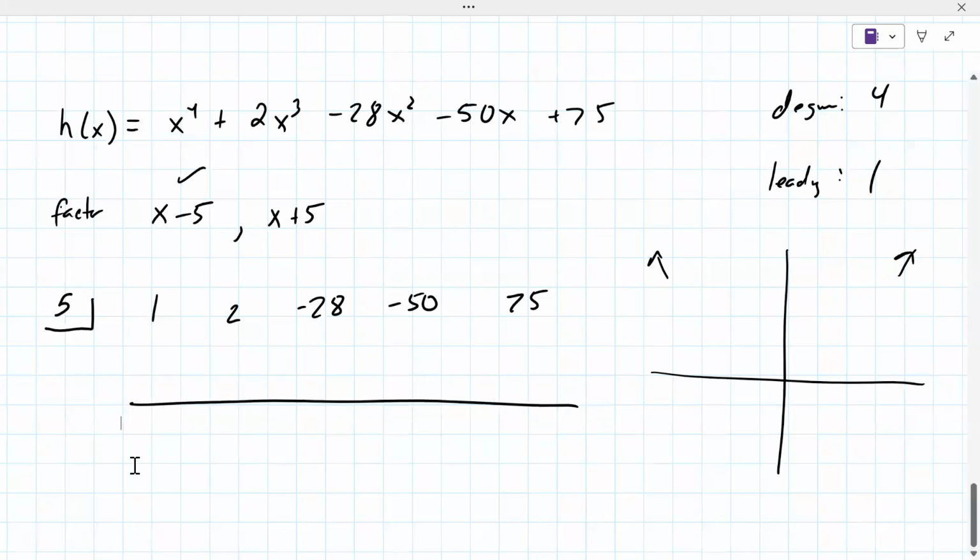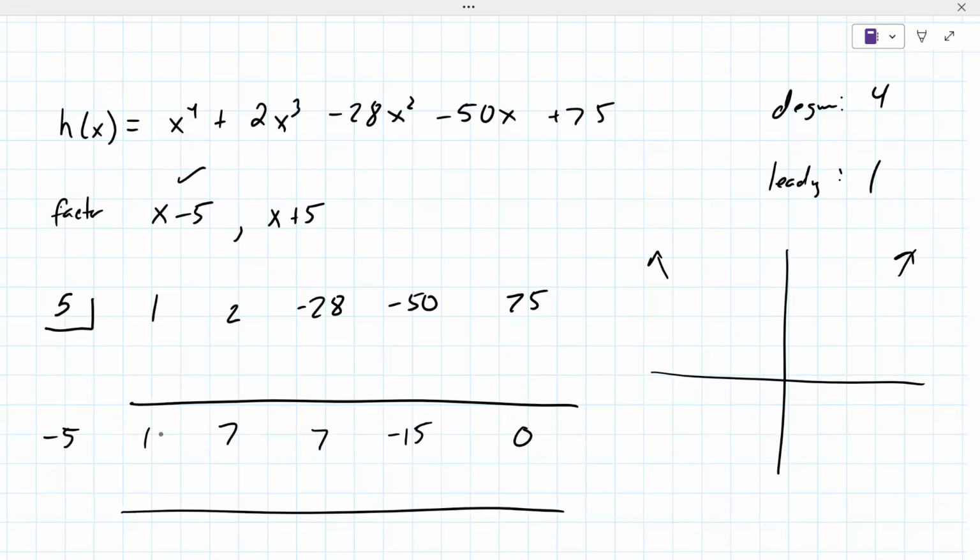Pretty good, I think. What do you got here for your numbers here? I got 1, 7, 7, -15, and 0.